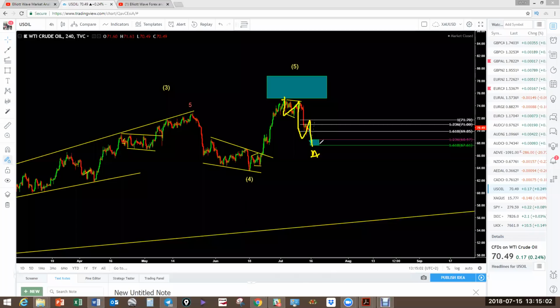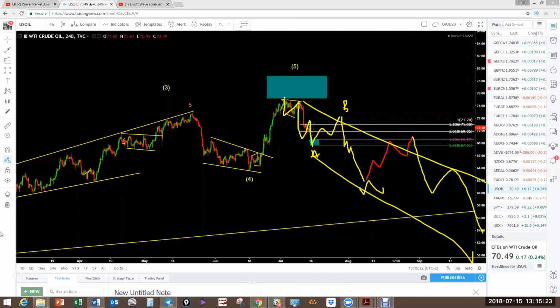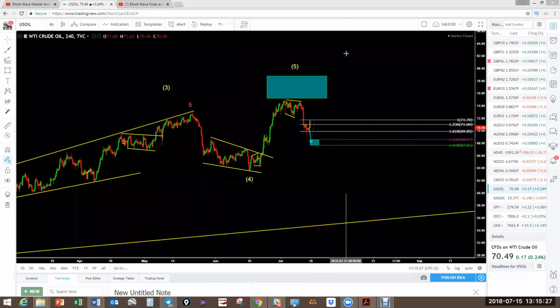What we don't know is how far this B is going to go with the correction here. We could be making a bigger correction, even a W, a double correction, which may give us another corrective structure, making this a big corrective structure correcting the whole move. Are we there yet? We're going to keep an eye on this one.